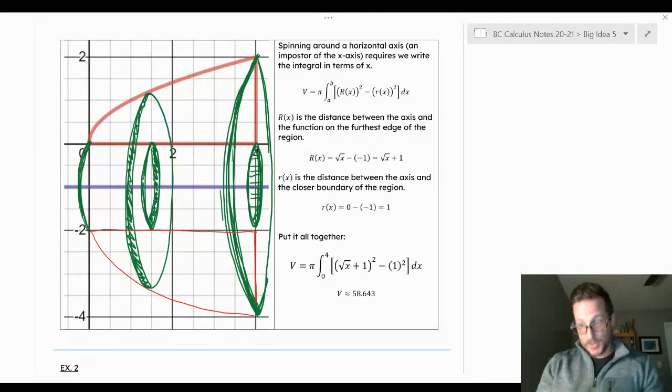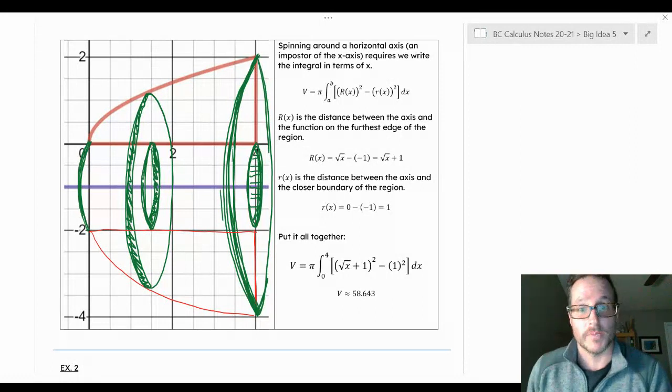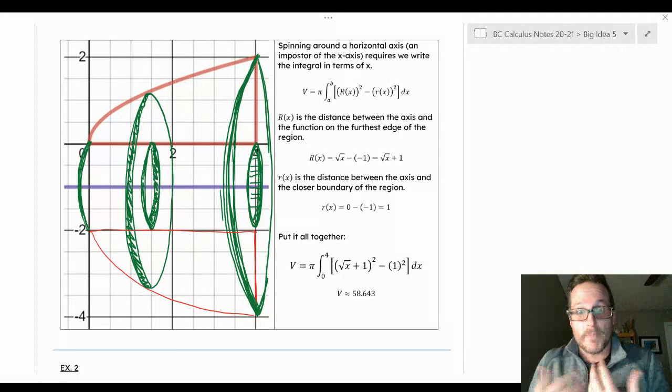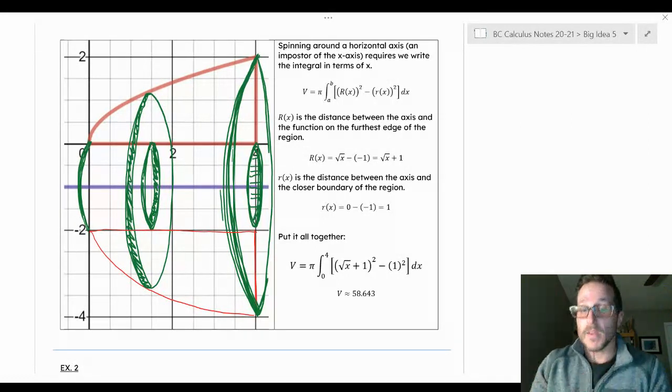So we put those together into the formula over here. We know the limits, because this region lives on 0 to 4 in terms of x. So we have a way to calculate the volume. That would be pi times the integral from 0 to 4 of the quantity root x plus 1 squared minus 1 squared, which is just 1 on that other part.